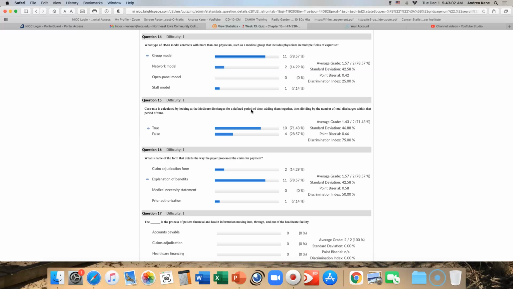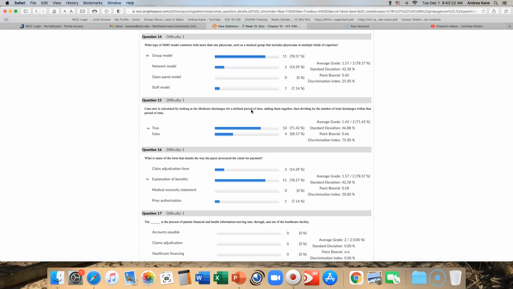And let me find where that is listed in your book. Page 493, case mix index. The hospital's case mix index, or CMI, represents the average MSDRG relative weight for a particular hospital.